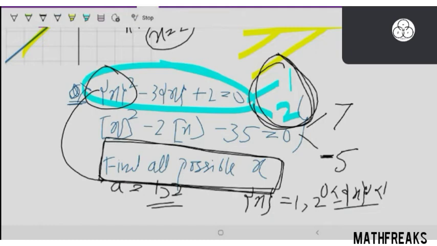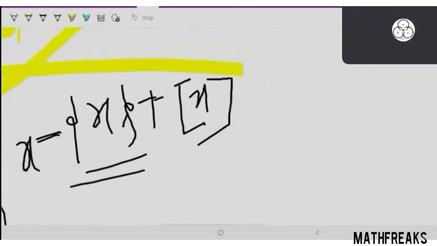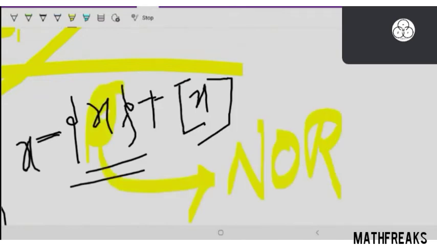Why? Because x is simply curly x plus box x, and curly x does not have a real solution.